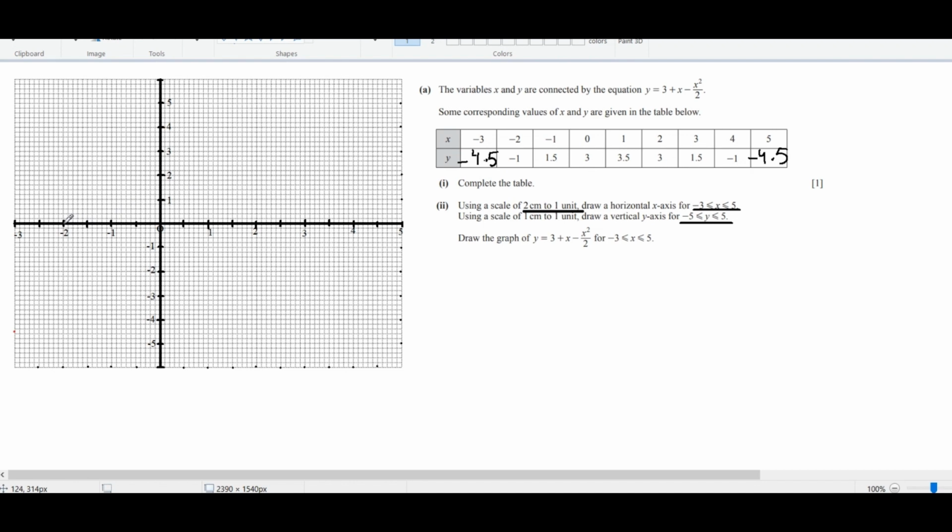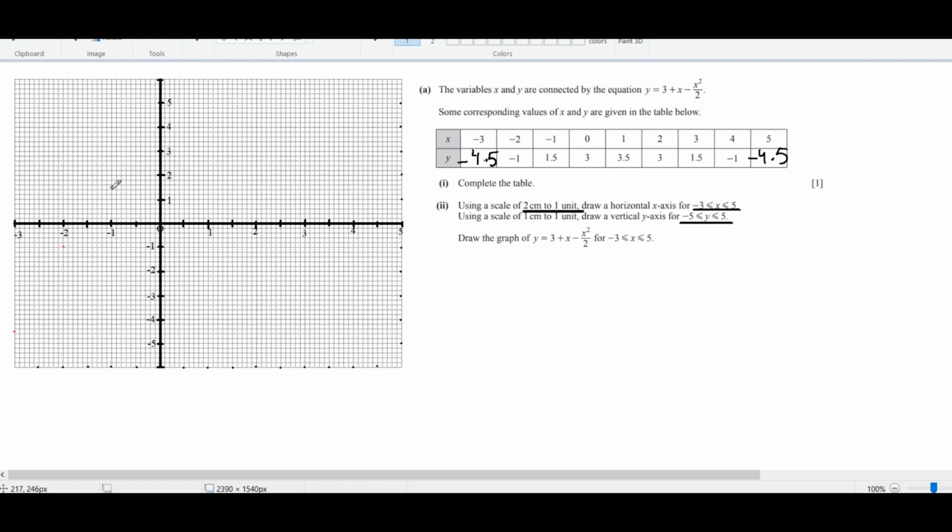So -2 on the x-axis and -1 on the y-axis should be somewhere around here. Okay, and then -1 and positive 1.5. So this is -1 and this is +1. This is +2. So positive 1.5 should be somewhere between these two.